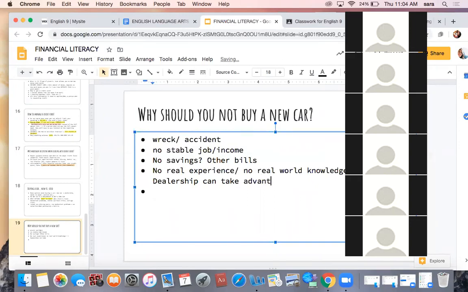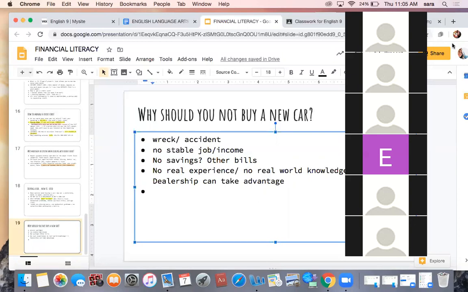By the way, there was this law that I didn't go over, but I think it was in your reading, that passed a few years ago where kids who are 18 to 20 something cannot get a loan upwards of $10,000.